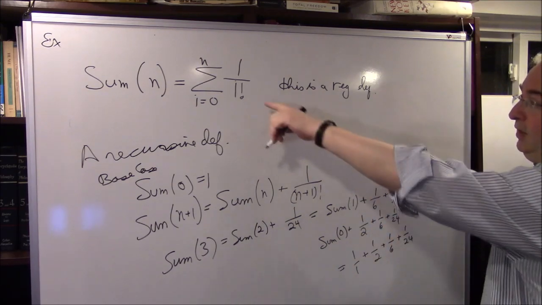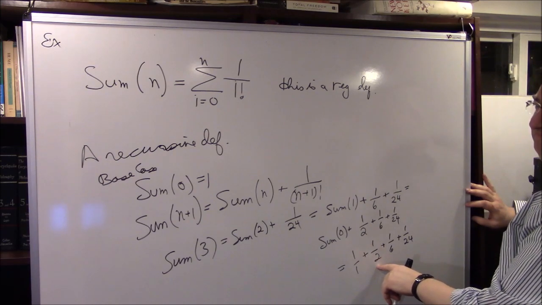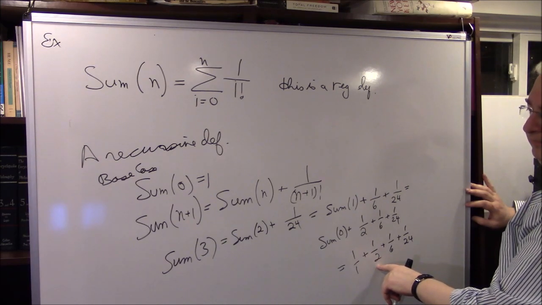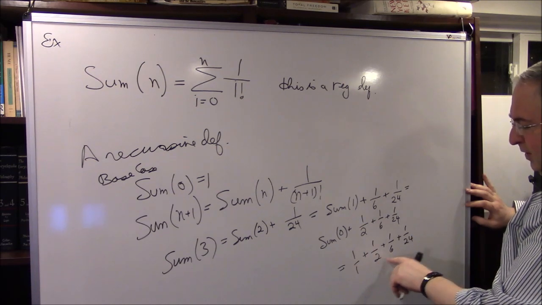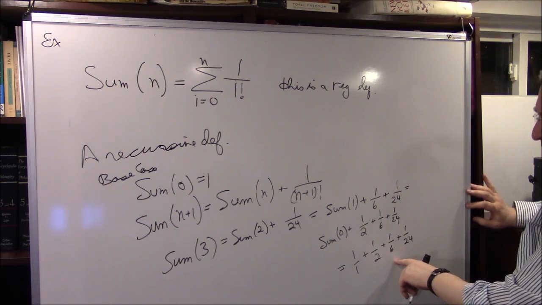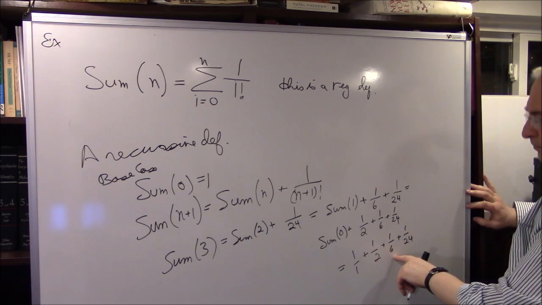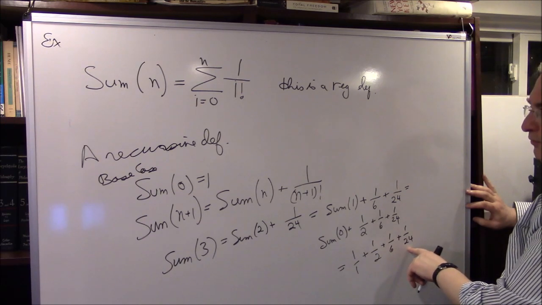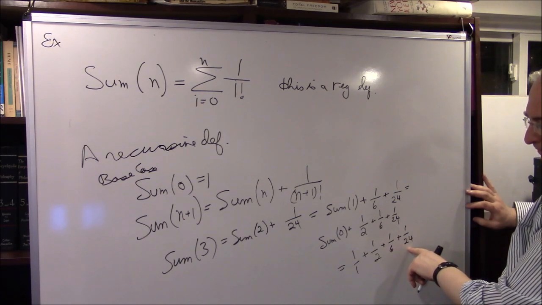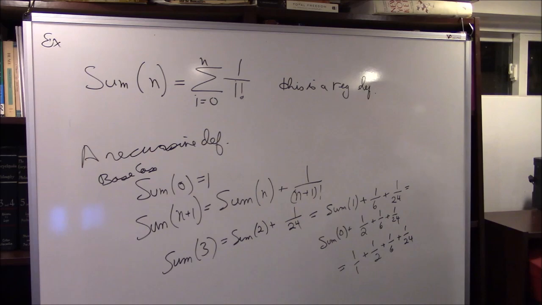Till finally we get to 0 factorial, 1 factorial, 2 factorial, plus 3 factorial, plus 4 factorial. I probably made a mistake here, but that's okay.